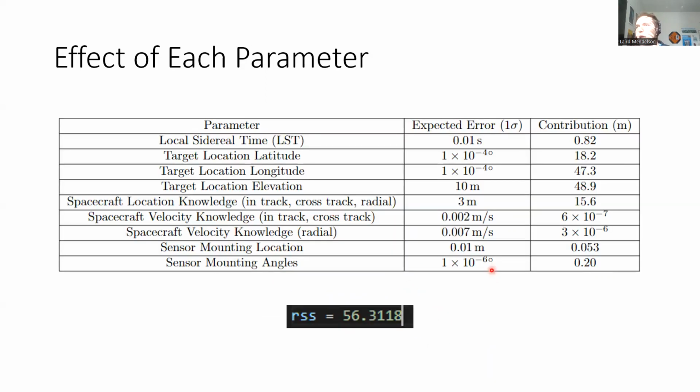But I'm not 100% sure why that root sum square was so much lower. Or I guess why those were as correlated as they were. But the correlation caused the root sum square to be lower. Yeah, so that's all I've got.